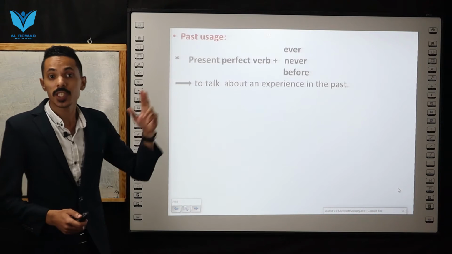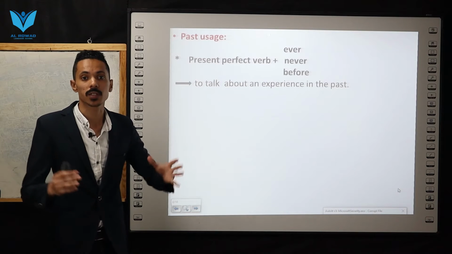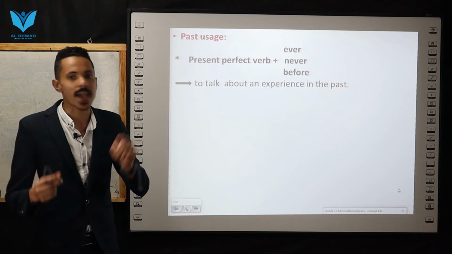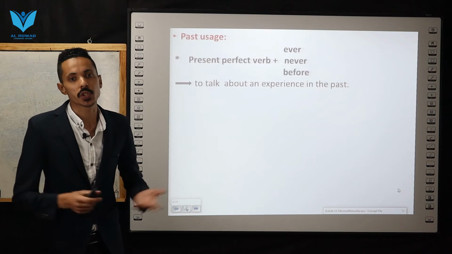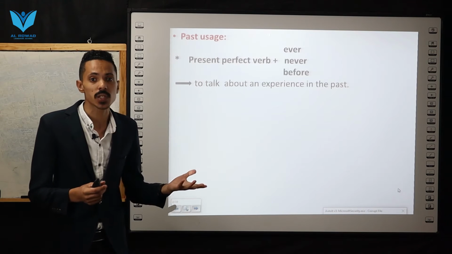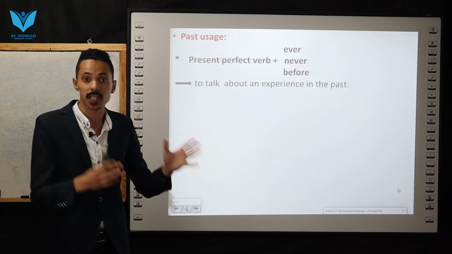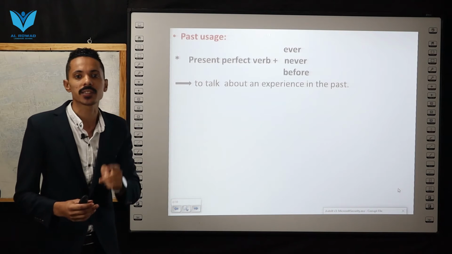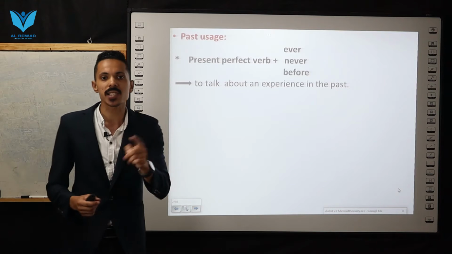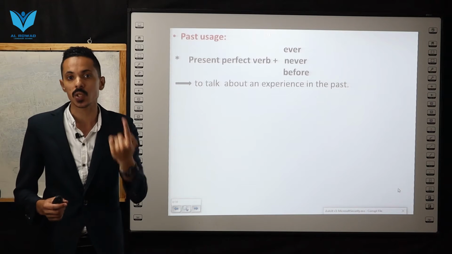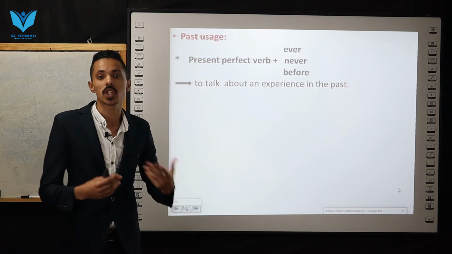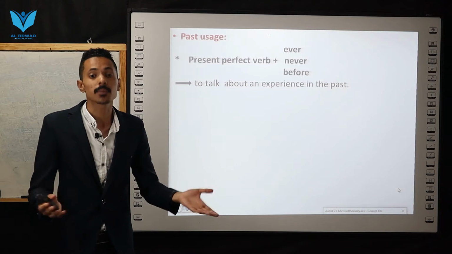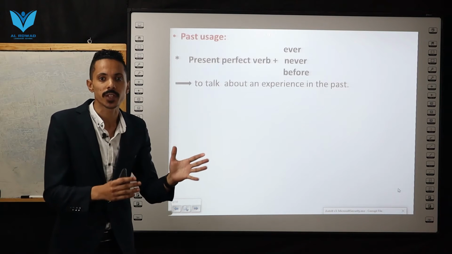So another usage for the present perfect verb. In fact, also, if you want to talk about past actions, you tell me, mister, if I want to talk about past actions, I use past simple or past continuous. I tell you, also, you can use present perfect to talk about past actions. As I told you before in the first usage, if you want to talk about a past action and you don't want to say the time, so you use present perfect.